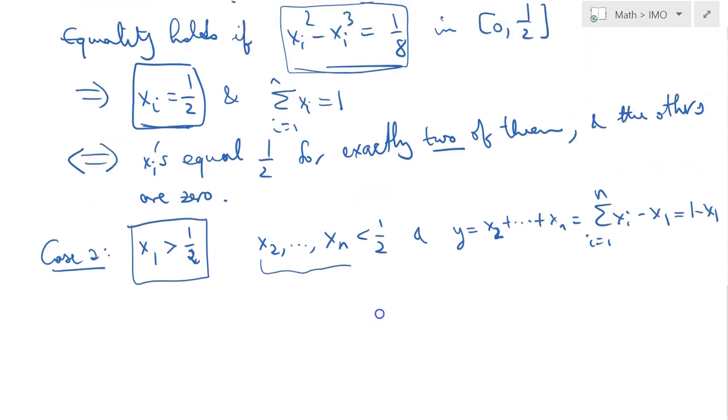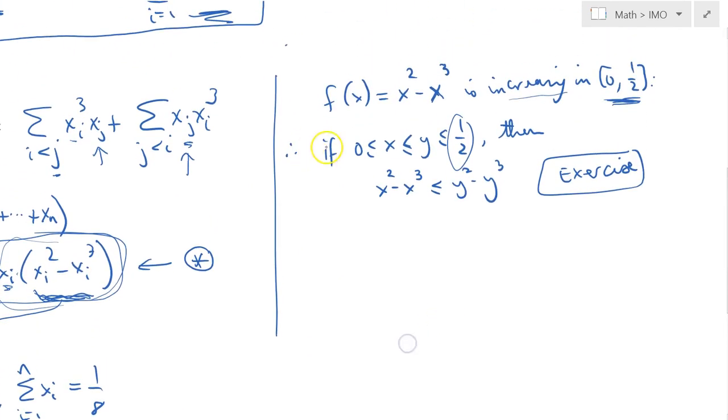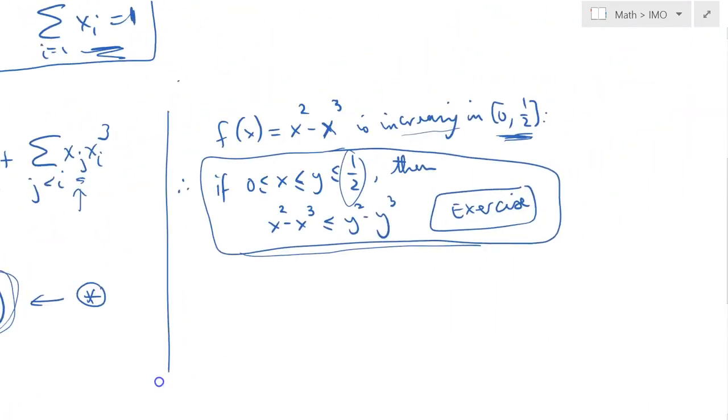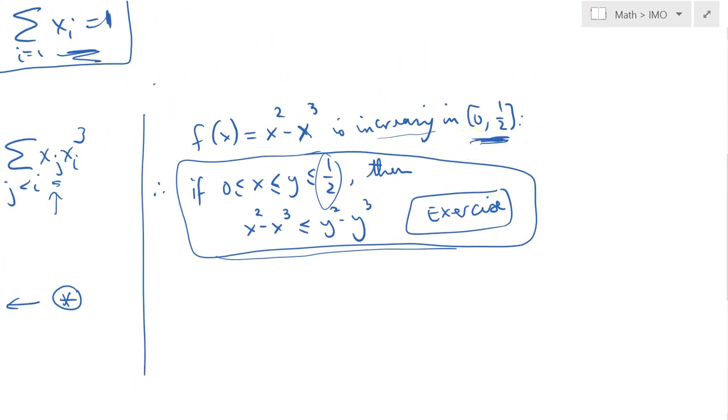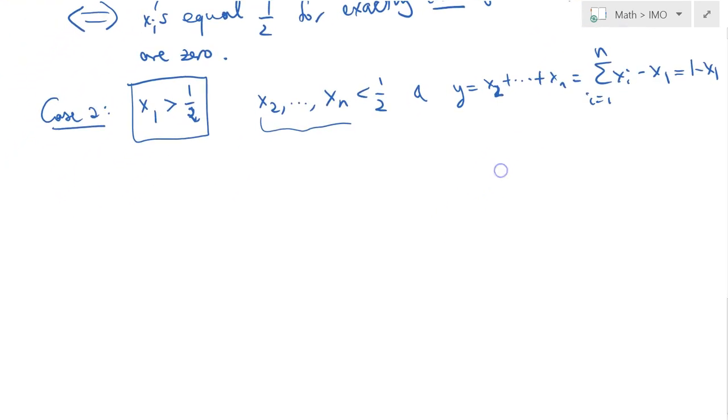Now I will apply my result here, after I isolate the x1, because this result only holds in the interval 0 to 1/2. So let's go back to our function f of x1 all the way to xn. I'm just going to split it.